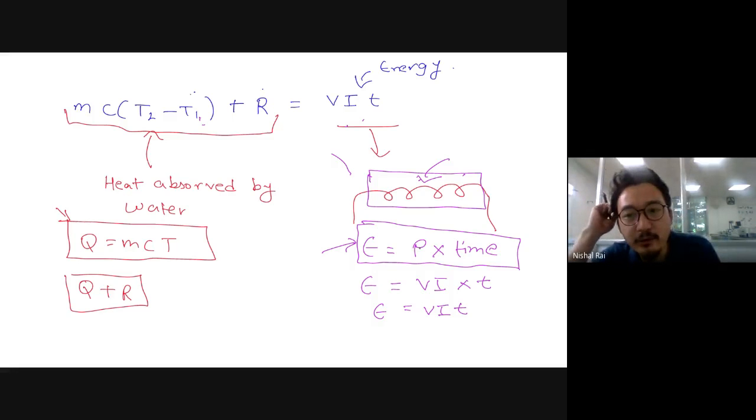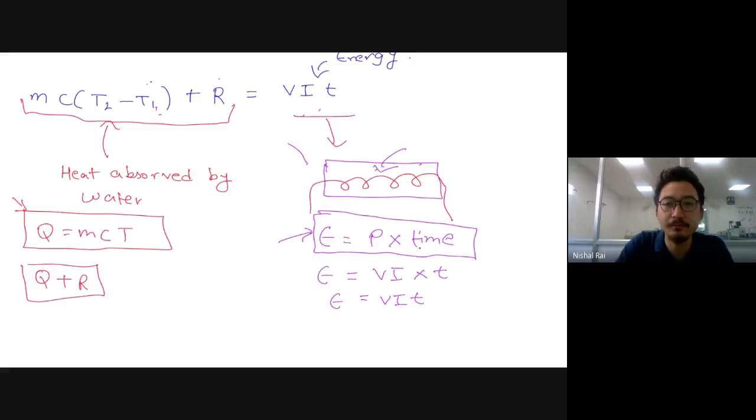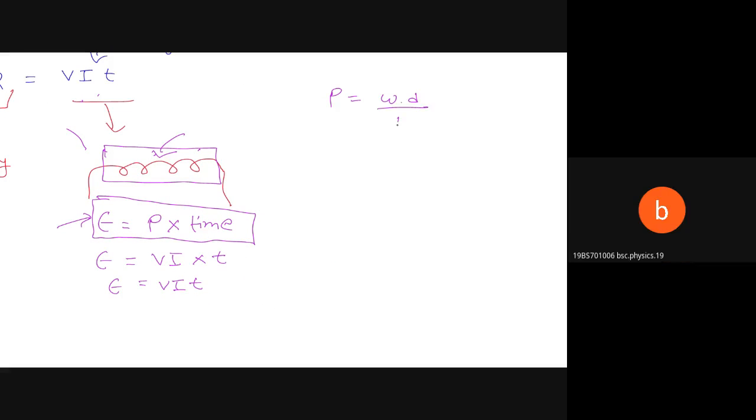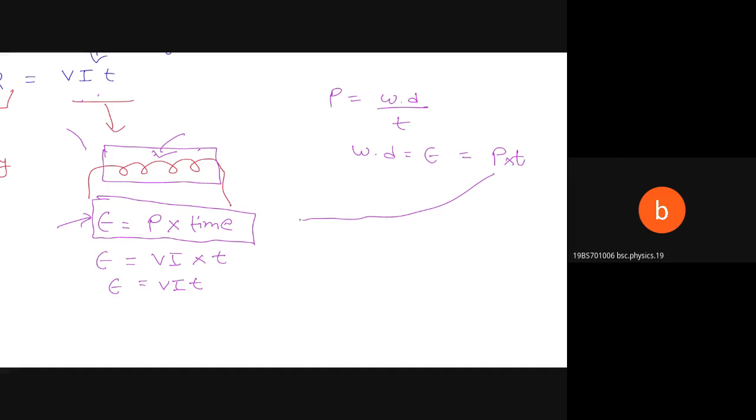Energy is equal to power into time. Do you know that? Yes, sir. What is power? Work done per unit time, no? So work done is basically your energy. So energy will be given by power into time. Exactly, I am using that.